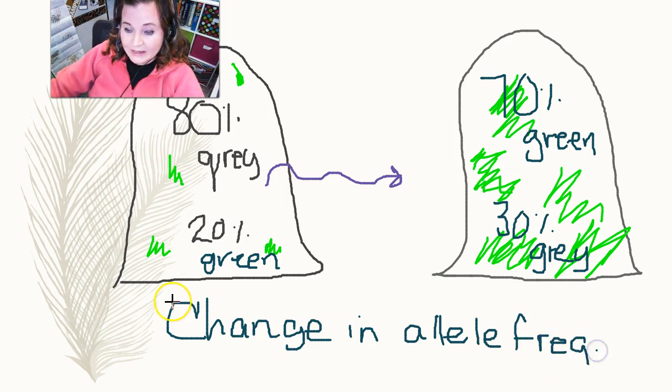And this is because of the environmental change, and because of the environmental change, the color to be the most fit also changed, right? So now it's more of an advantage to be green because you have a better chance of blending in than it is to be gray.